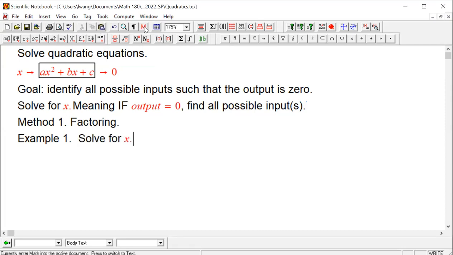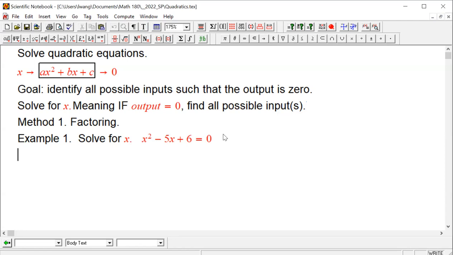And then we're given a quadratic equation: x squared minus 5x plus 6 equals 0.